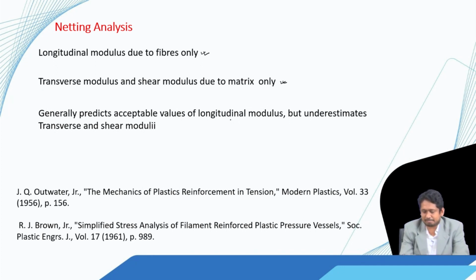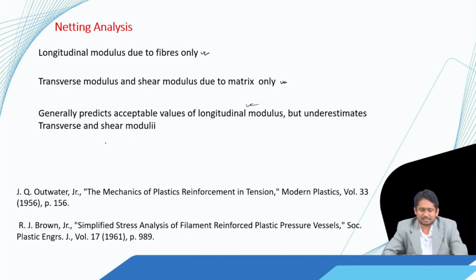Generally the longitudinal modulus is predicted to a good accuracy, because we have seen that if the composite has a good amount of fiber, then E f by E m is generally much higher than 1. So, that is why a bigger part of the longitudinal modulus of a composite is contributed by fiber. So, this assumption gives kind of satisfactory result, but it underestimates the transverse and shear moduli.